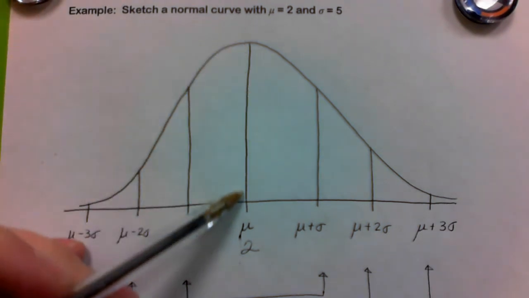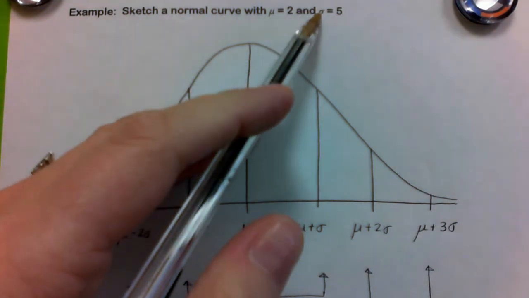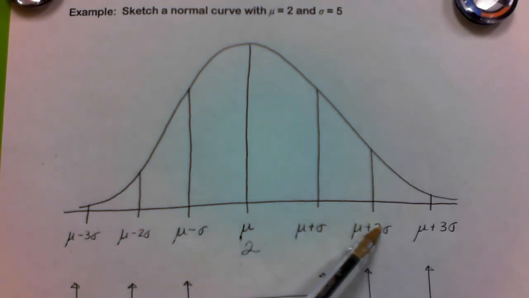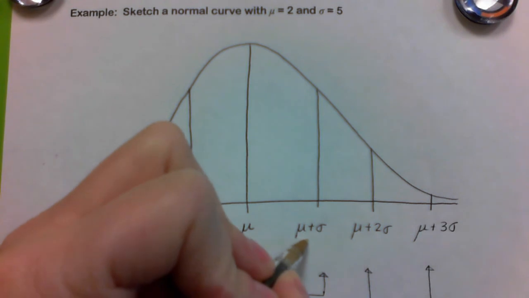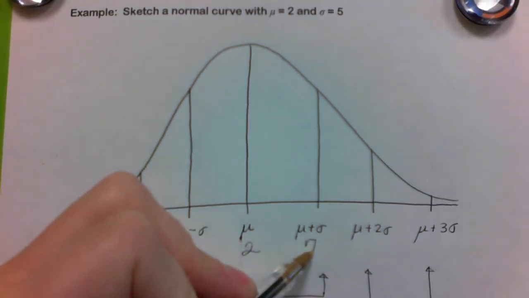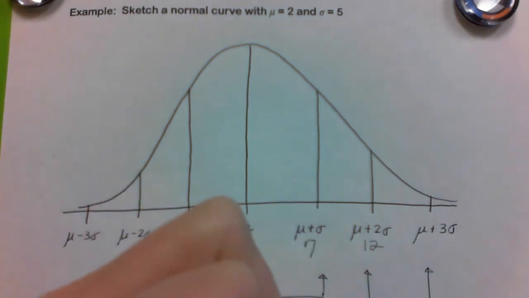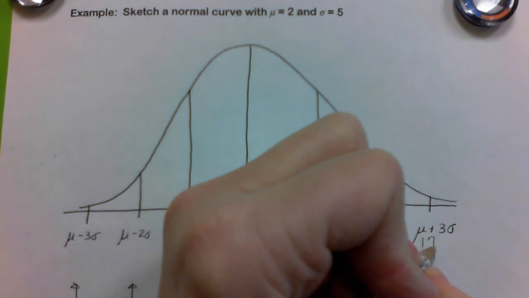So if this vertical line is representative of the value of 2, and then it tells us our standard deviation is 5. If you'll notice, as we go to the right, we add a standard deviation each time. So if I start at 2 and go to the right, I add the standard deviation. So 2 plus 5 would be 7, and then I would add the standard deviation again, so that would be 12, and then I would add another standard deviation, which would be 17.